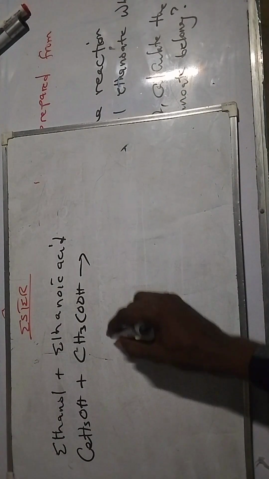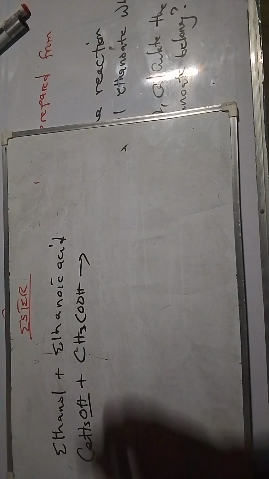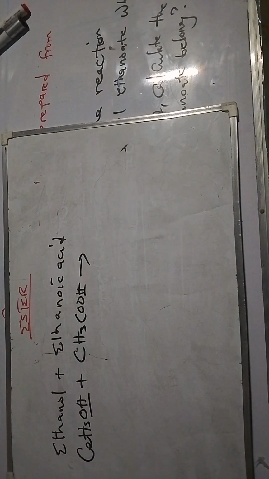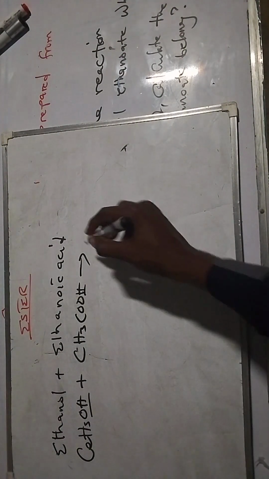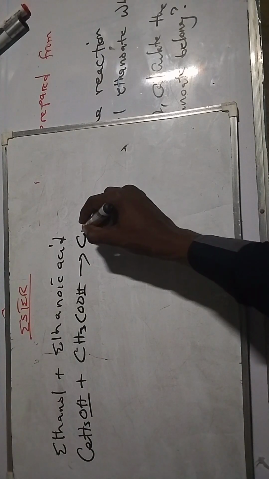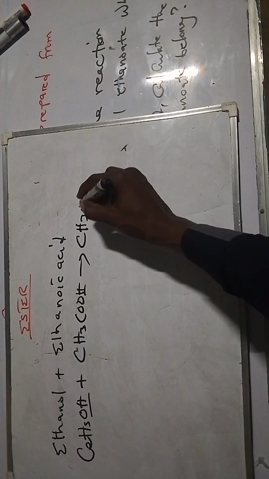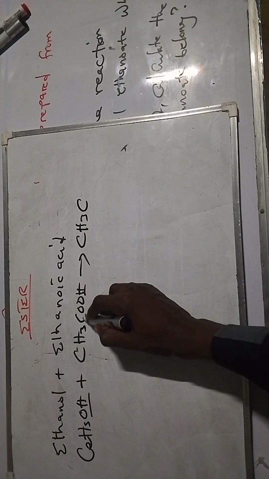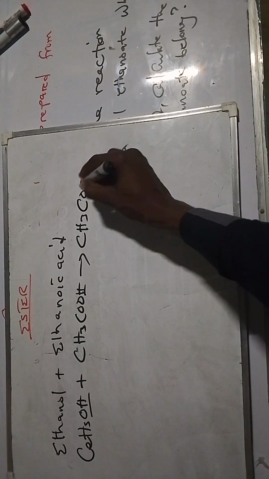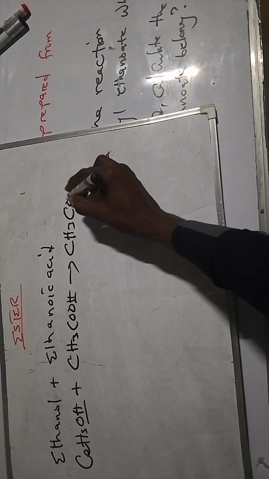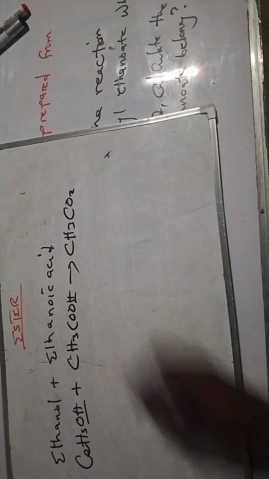So I'm going to form it now. Remember what I said, alcohol will lose hydroxyl, then acid will lose its hydrogen. So I'm going to say CH3, this, then I'll copy this one. Instead of writing like this, I'll just write it in a short way. I'll just put 2.